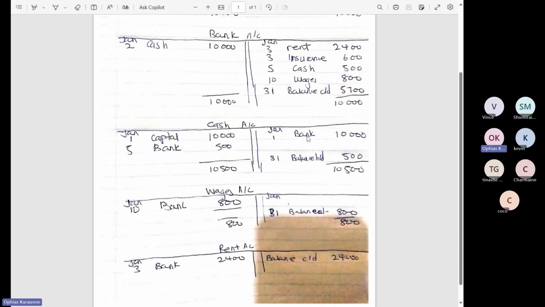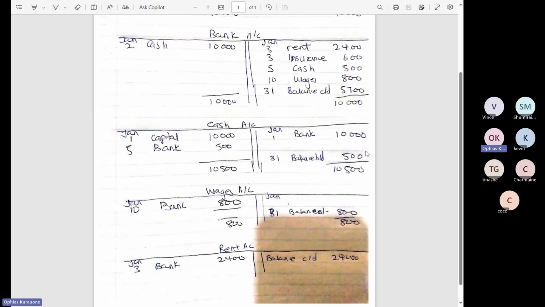Then the bank again 10,000 on 1 January. Because the cash gave the bank, the amount was deposited into the bank, so the cash was credited and the bank was debited.